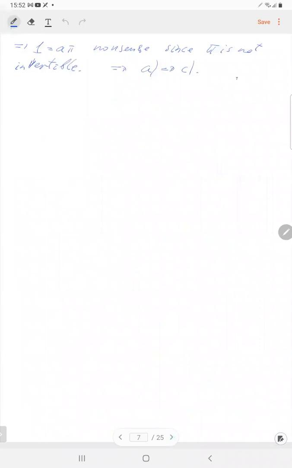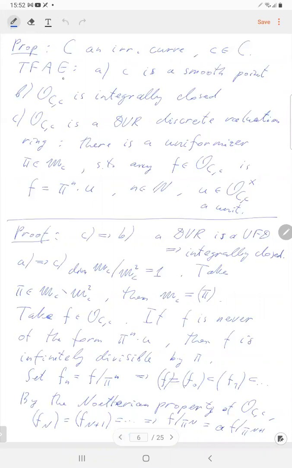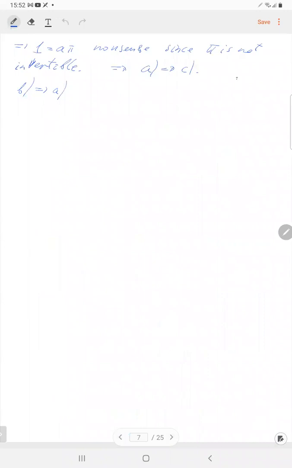Okay, so it remains to prove that B implies A. Okay, so we assume that our local ring is integrally closed, and we want to prove that it is smooth. Okay, so again, the local question.